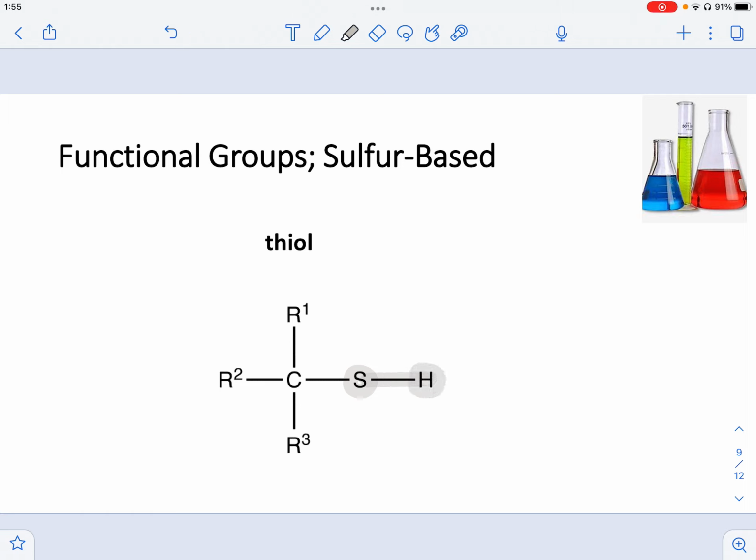Here you can see that the rest of the molecule, in other words, the R groups, are labeled by numbers: R1, R2, R3. For this molecule, R1, R2, and R3 can be hydrogen or carbon chains.